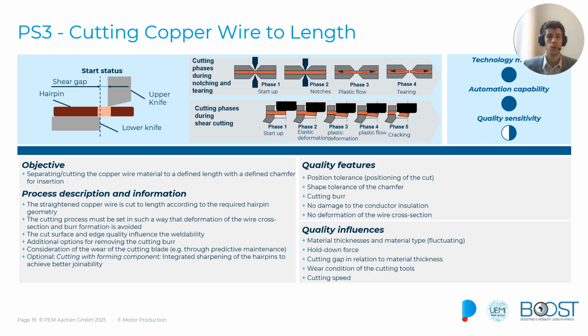We can use multiple tools to cut the wire, like shear cutting, or we use stamping. We always have to keep the wear of the cutting tools in mind to ensure a stable process.